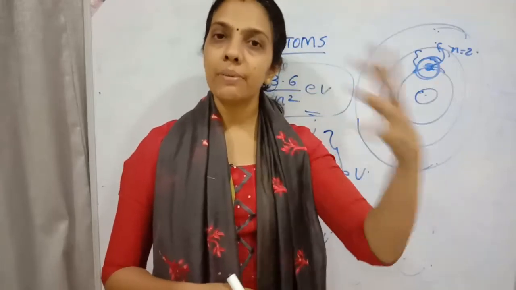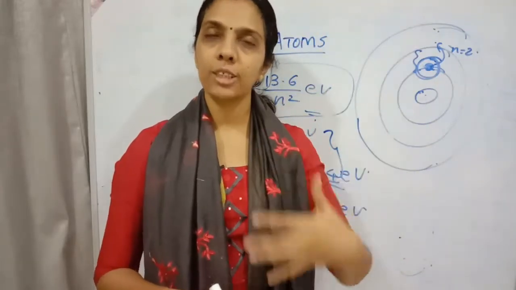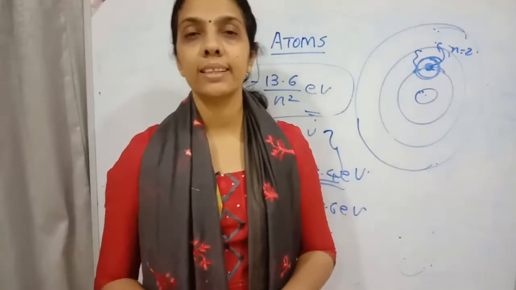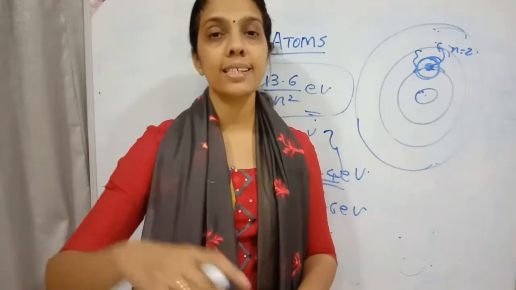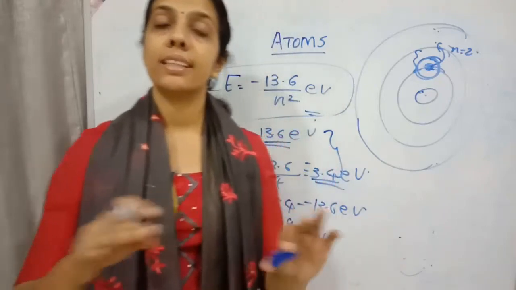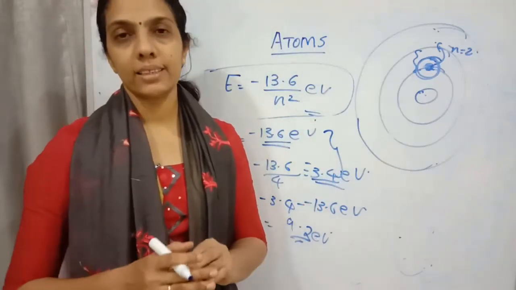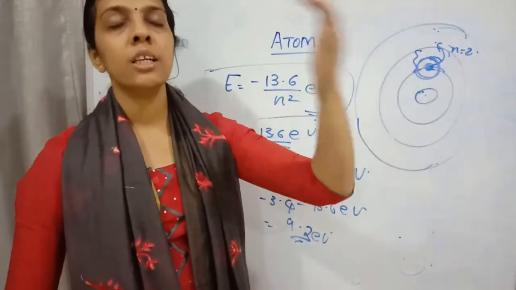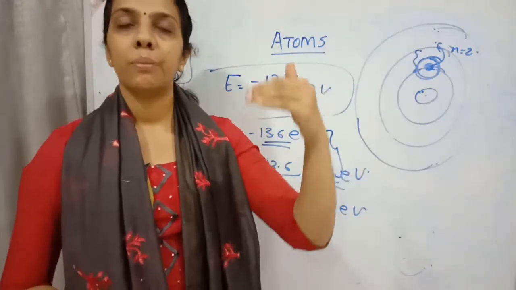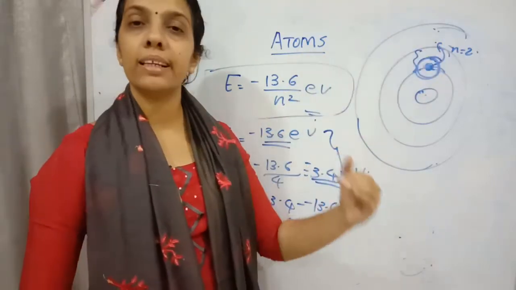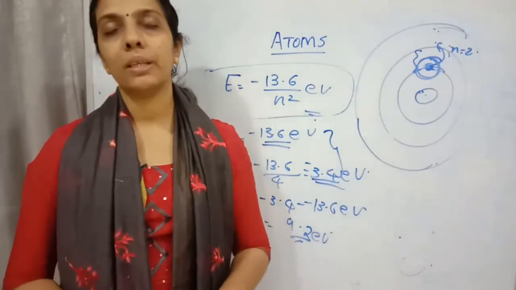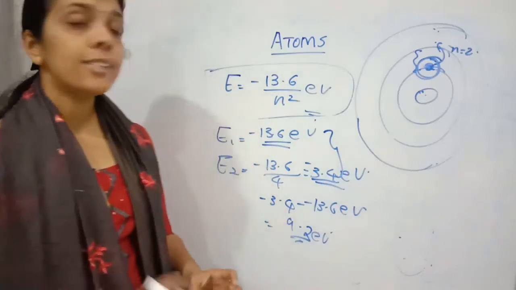When it is releasing energy and coming back to the lower energy levels, we can say that it is coming back to the previous position, and when it is attaining stability, we can say that it is coming to the ground state. So from excited state to ground state, it will come by releasing energy. The same amount of energy it will be releasing and coming back to the previous position, or it's not compulsory.